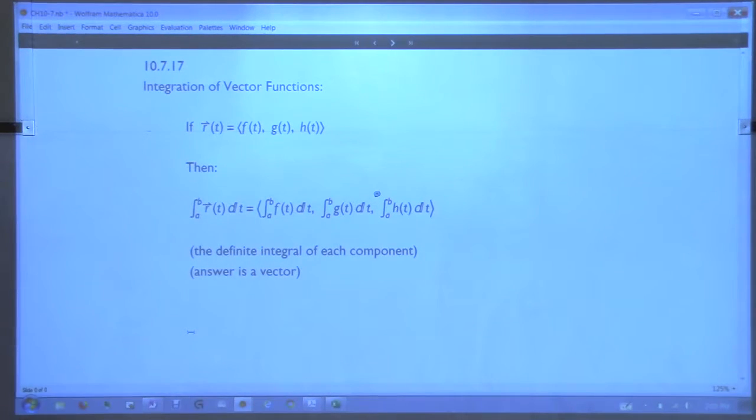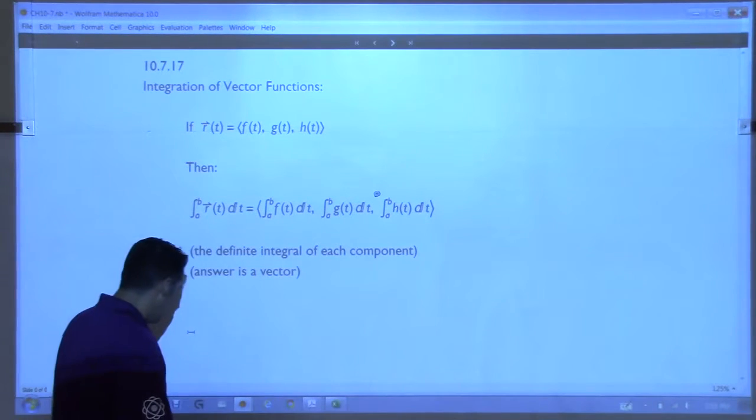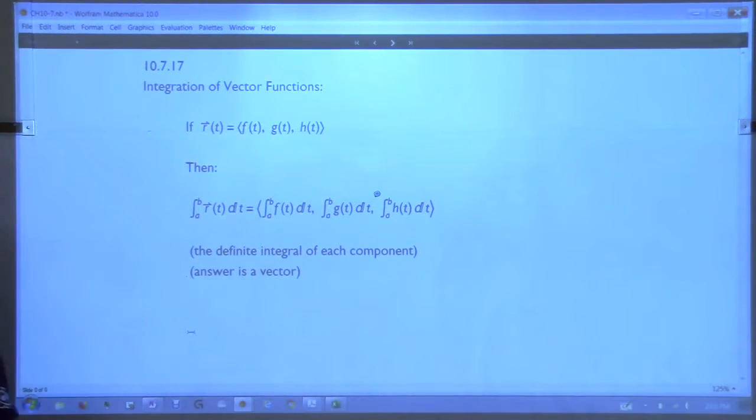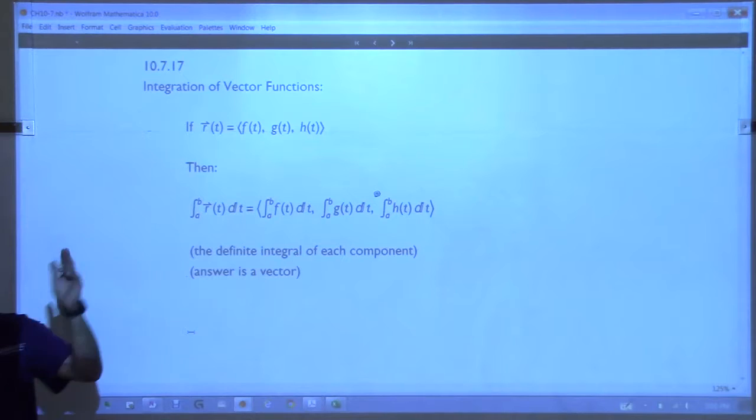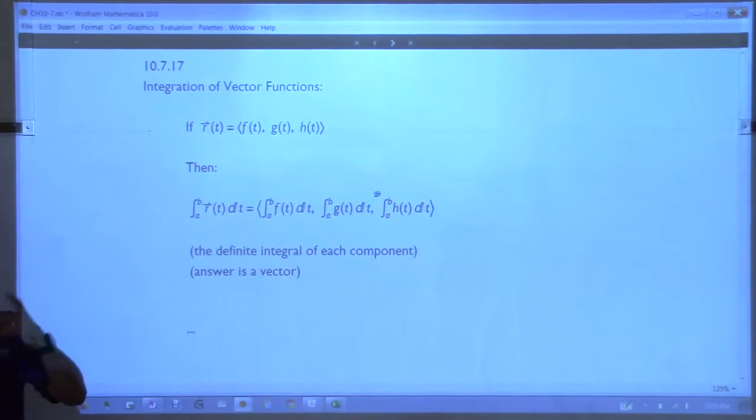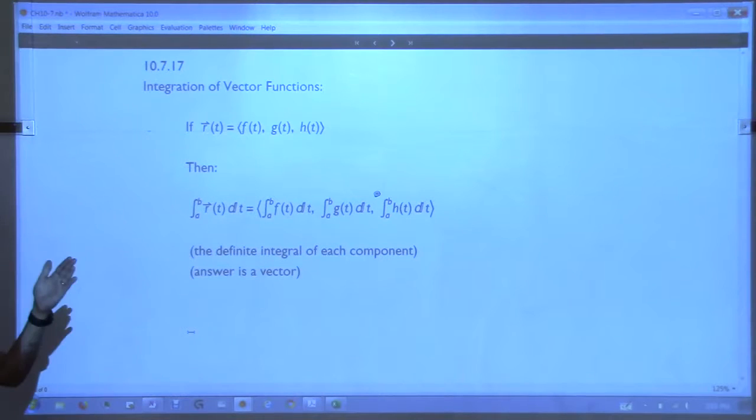All right, so last class we were talking about vector functions or space curves. We talked about the derivatives of space curves and how that gives you a tangent vector, or actually a new vector function, which gives you a vector that is tangent to your curve at every point in time, you could say.